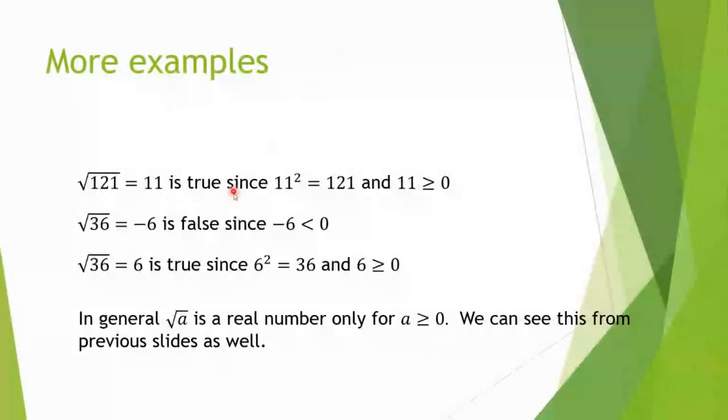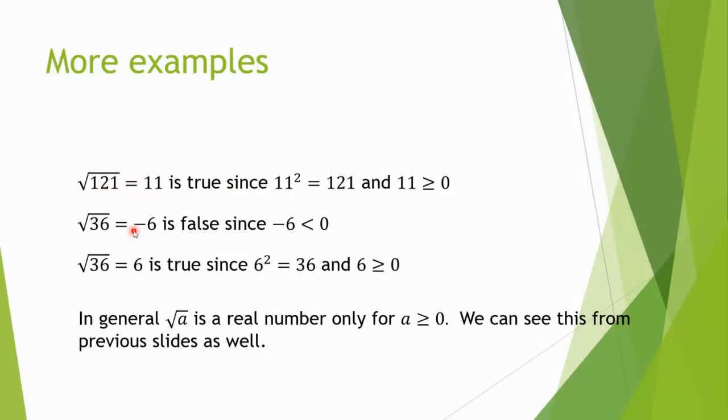Okay, so here's some more examples. We have the square root of 121, right? That's 11. And why is that? Well, because 11 squared is 121. And again, also 11 is non-negative. That's why this notation makes sense.